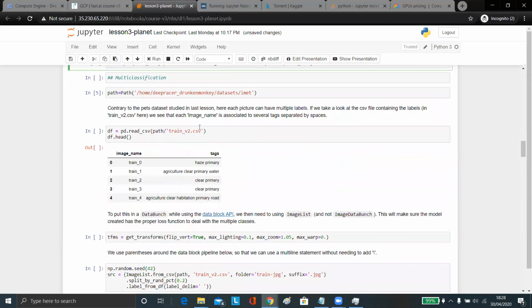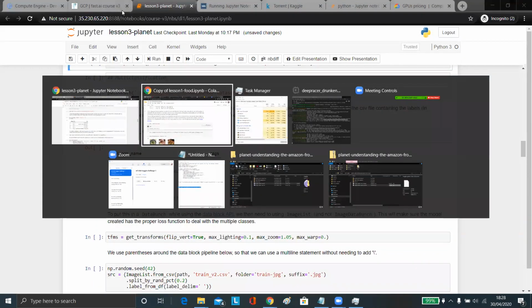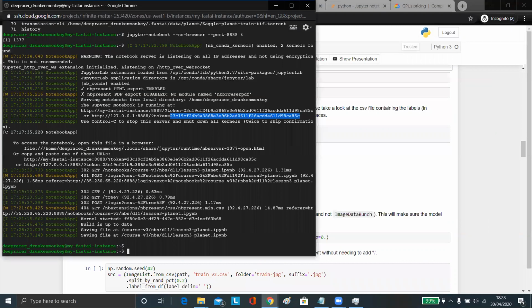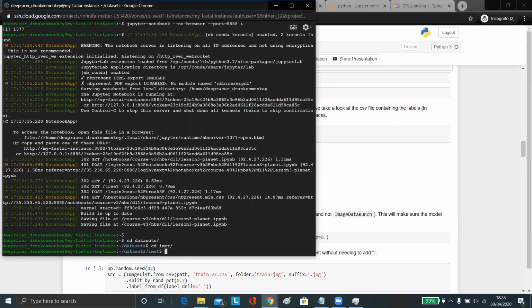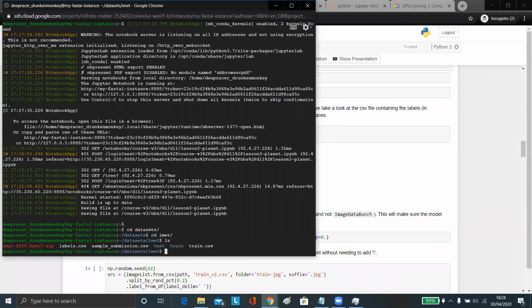Okay, so we've got our path, and if we jump back to here, we can see the data sets, see the imet. We should be able to see what we have got. We've got our labels.csv and we've got our train.csv.